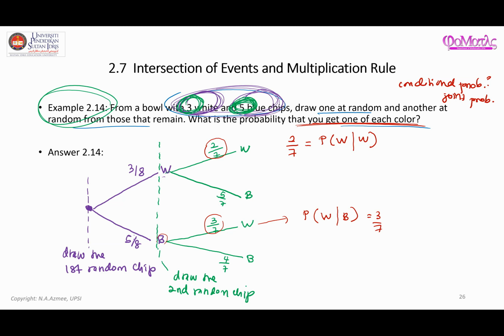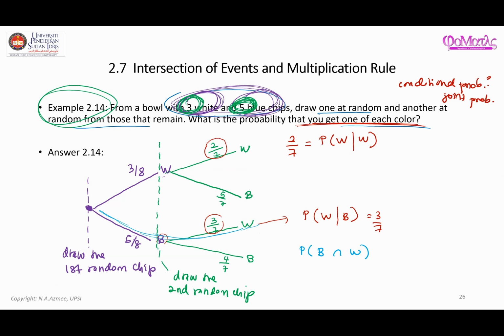Now, what is joint probability? Joint probability is you, for example, getting blue and white together. So now I'm just going to illustrate to you joint probability. For this one here, I'm going to talk about this specific path. This is the probability of getting blue and white.